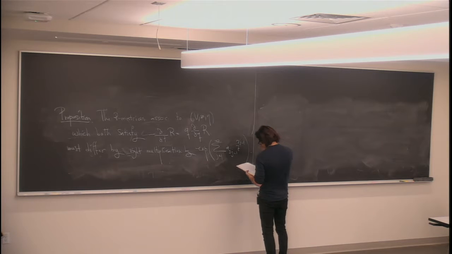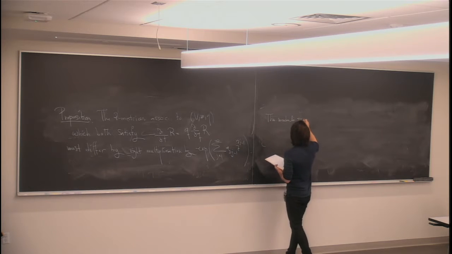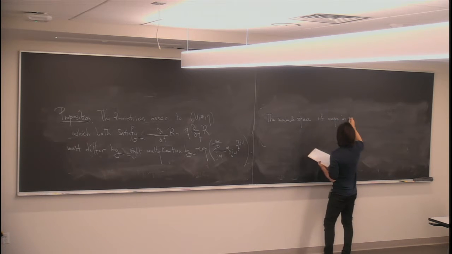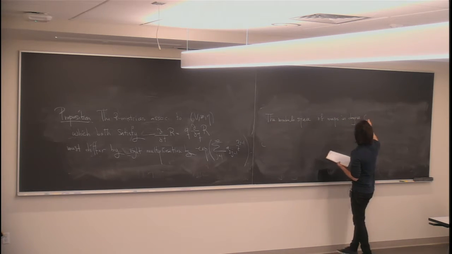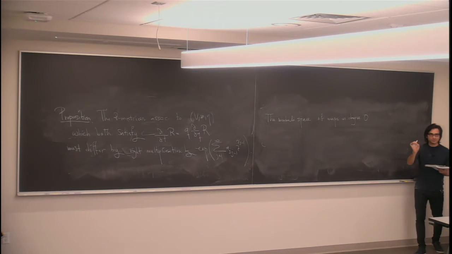So the moduli space of maps in degree 0, because remember that Q was keeping track of the degree. Now we are looking at degree 0 maps from genus G curves.